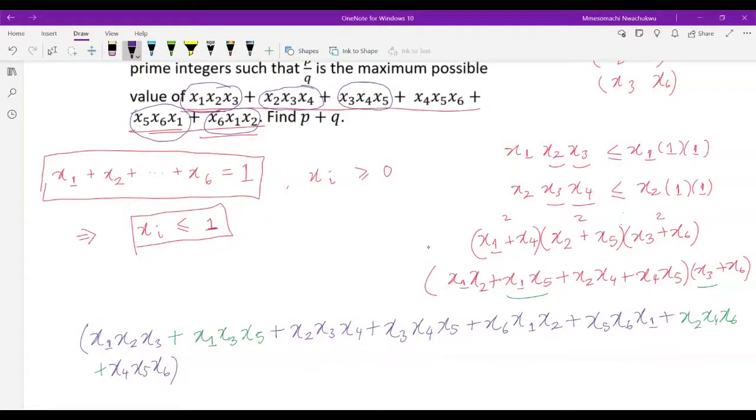I'll write it up here so I can erase this. I'll call this expression M. So the hunch is that x1 plus x4, x2 plus x5, and x3 plus x6 is equal to M plus the odd subs plus the even subs.